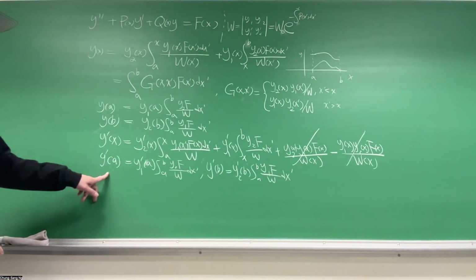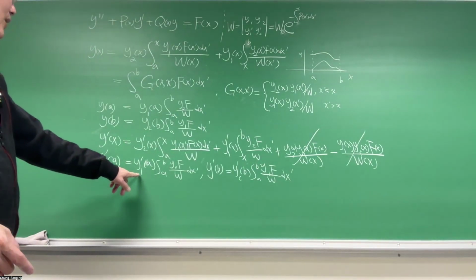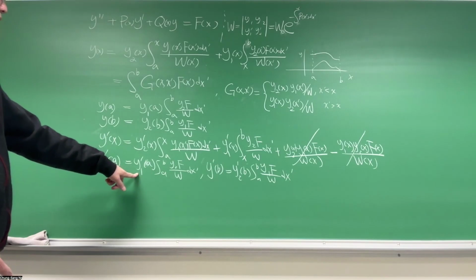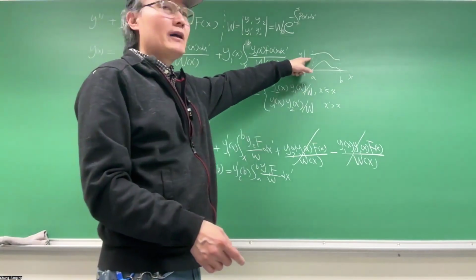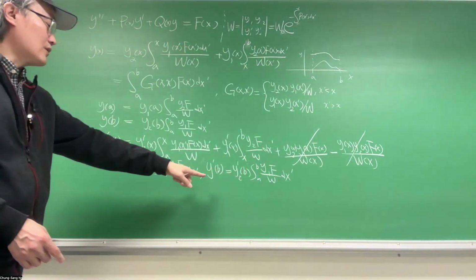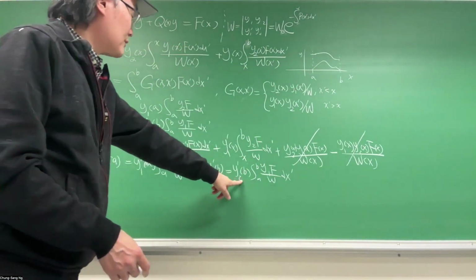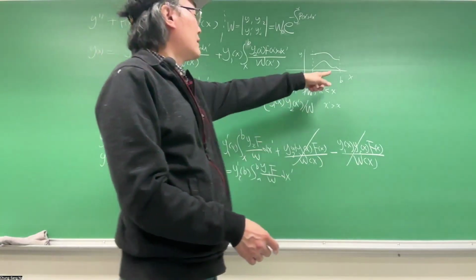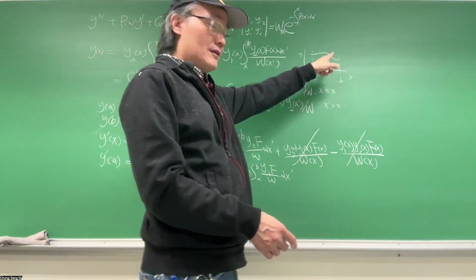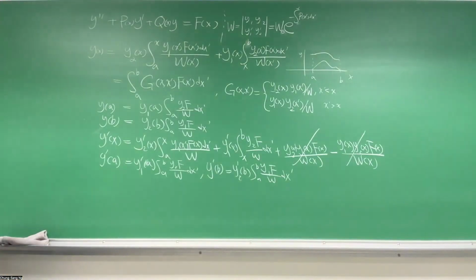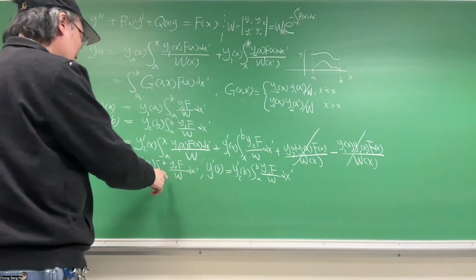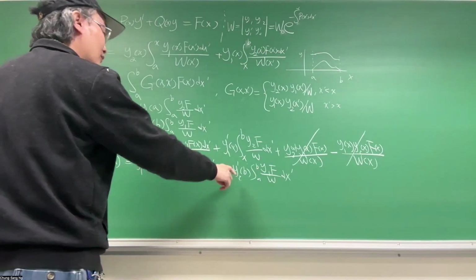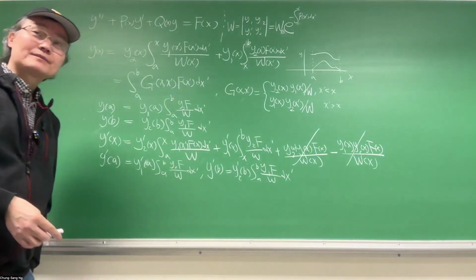Okay, likewise, for Neumann boundary condition, you choose your y1 such that the derivative is 0 at a, and then you choose your y2 such that the derivative is 0 at b. Okay, then use these y1, y2 to construct the Green function, right?